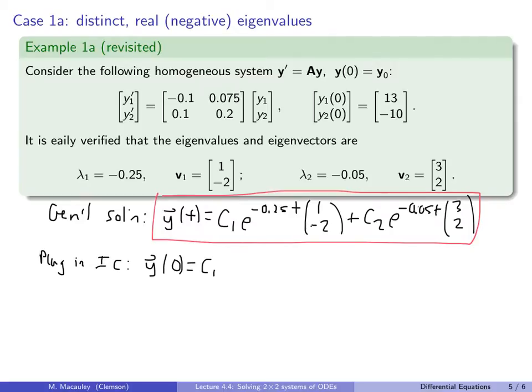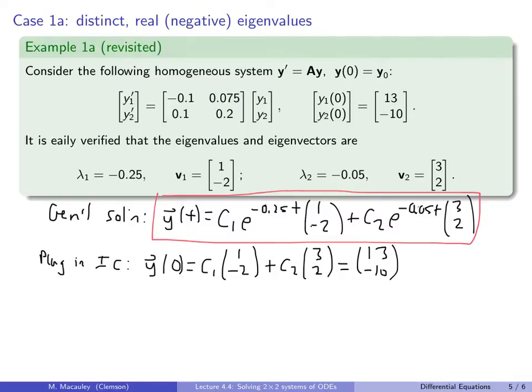Now, plugging in 0 is going to make this whole thing 1, and it's going to make that whole thing 1. So it's going to be C1 times (1, negative 2) plus C2 times (3, 2). And we set that equal to (13, negative 10).